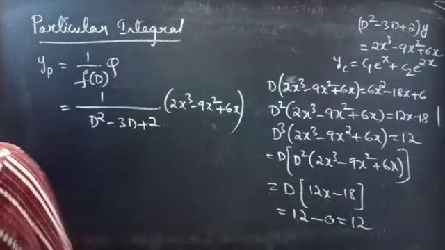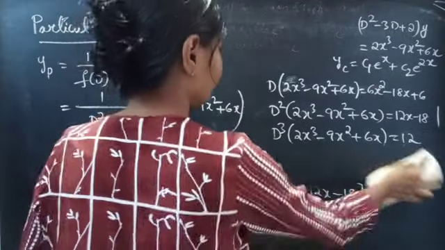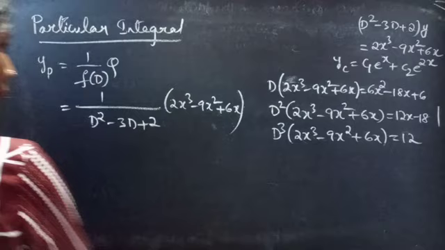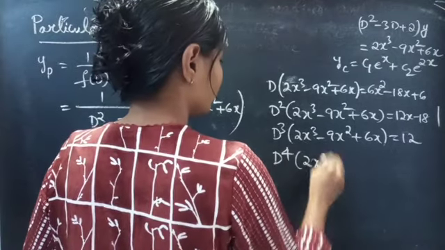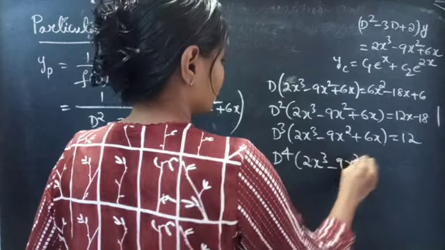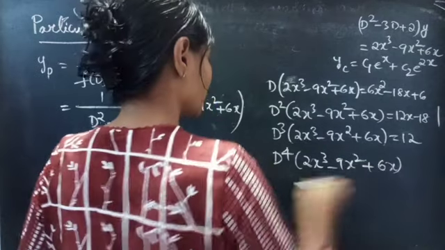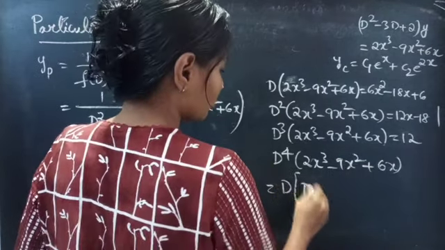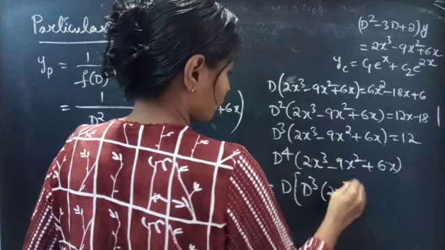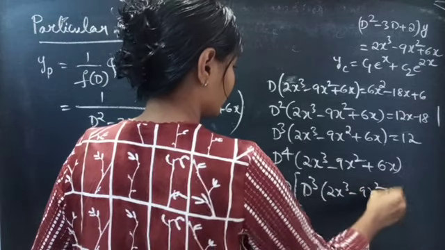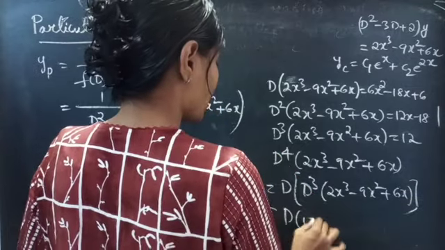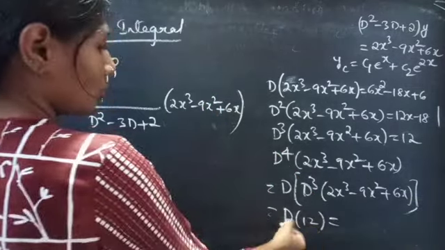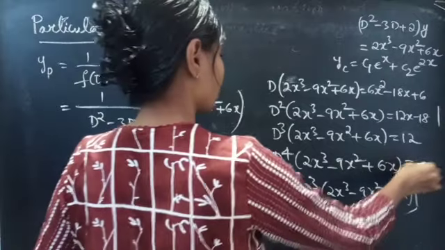Now find D power 4 of Q. This equals the derivative of D cube of Q. We have the value of D cube of Q, which is 12, and we know that the derivative of a constant is 0. So D power 4 of Q is 0.